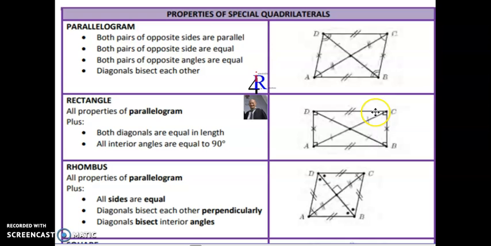Also, with a rectangle, the diagonals bisect each other into the same lengths. So, this length and that length will be the same. I need to also understand that the difference here is that this diagonal is exactly the same length as that diagonal for a rectangle compared to when I work with a parallelogram.